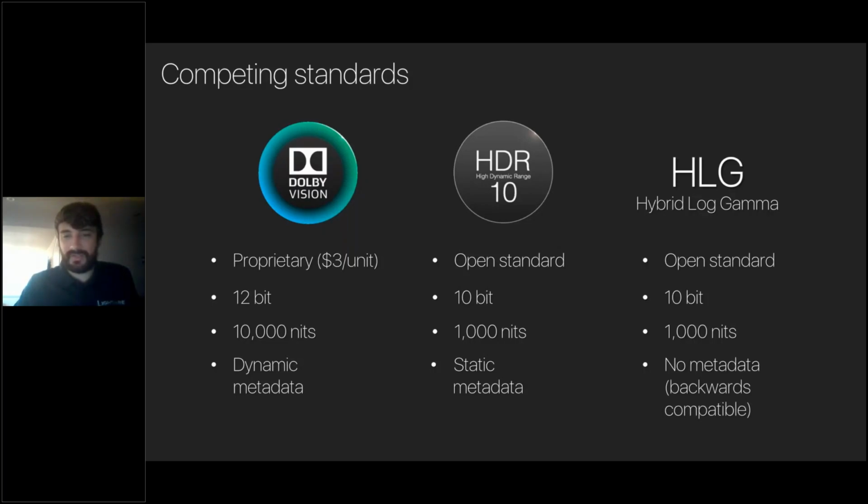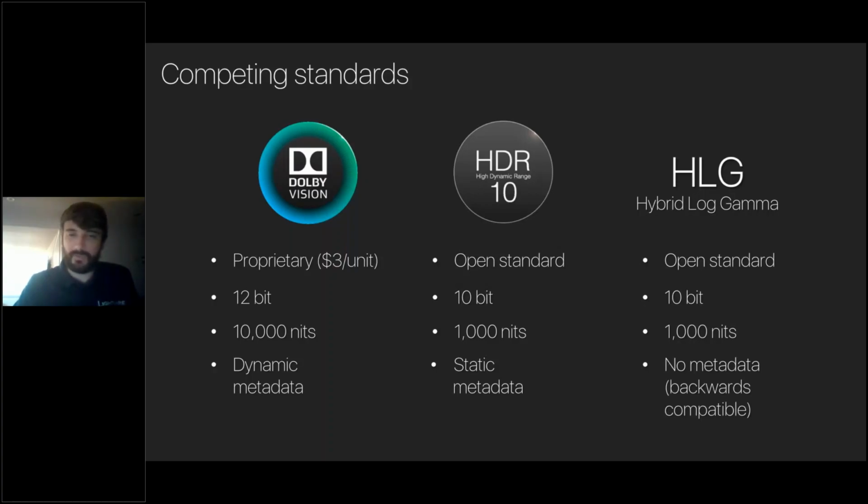Dolby Vision is using dynamic metadata, which means that the dynamic range and tone mapping can be varied on a scene-by-scene or even a frame-by-frame basis. HDR10 was static metadata, so it has one dynamic range setting for the whole movie. And HLG does not have any metadata, which makes it backwards compatible with SDR systems.